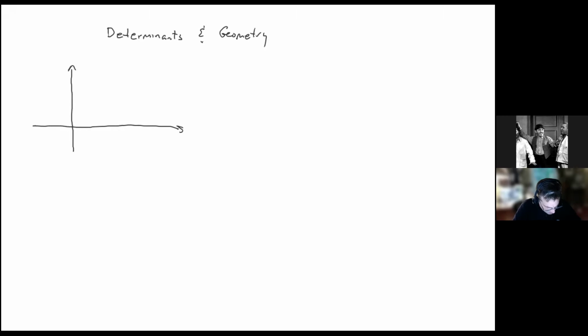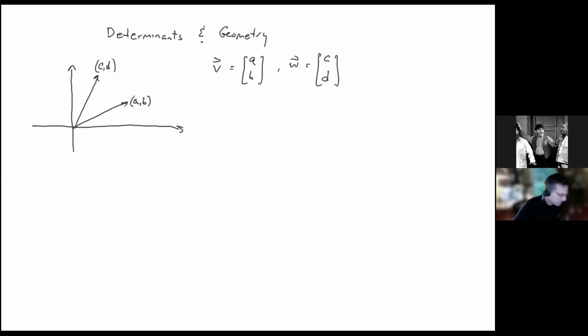We can always translate vectors so their tail is at the origin. So suppose this vector points to the point (A, B), and the other vector points to the point (C, D). Let's call the one vector V, the column vector (A, B), and the other vector W is (C, D). These are the components of the vectors V and W.